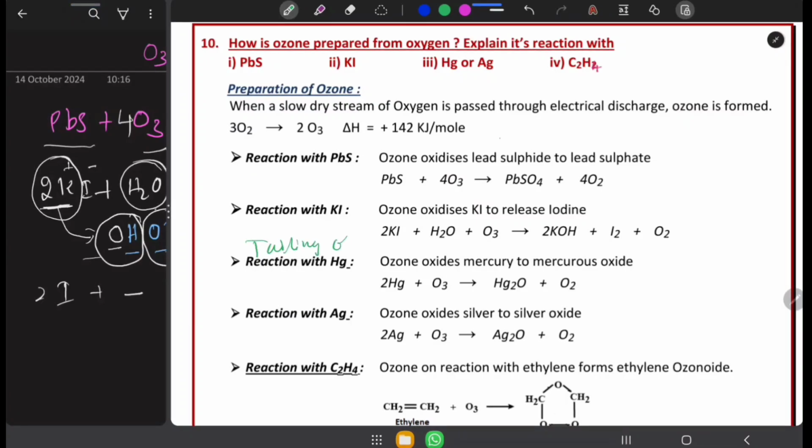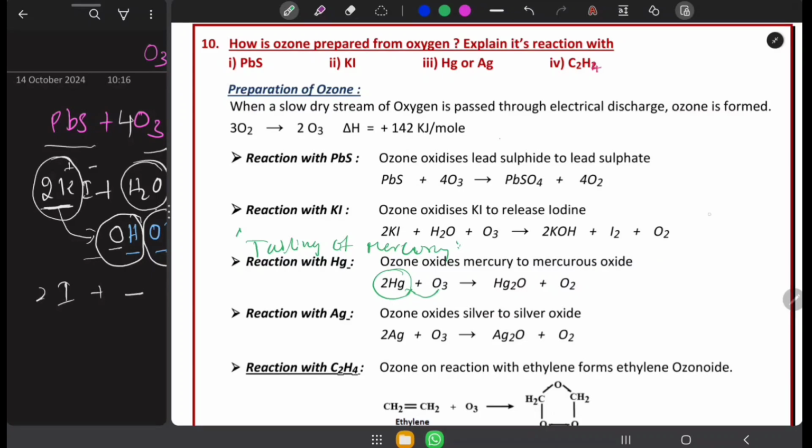Tailing of mercury is a 2 marks question. Mercury tailing or tailing of mercury. What is tailing of mercury? When mercury is taken in a test tube and ozone gas is passed into it. Actually mercury is a very shiny metal, and it loses its meniscus and sticks onto the walls of the test tube.